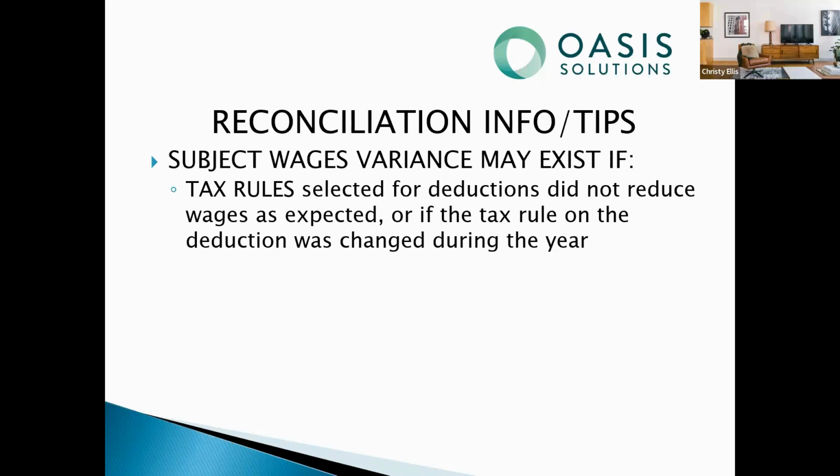You could have had a rule that did not reduce taxable wages and then changed the rule mid-year to correct that. You would still have that variance from the earlier part of the year when the tax rule was not correct. So the tax rules are very, very important. If you don't have the right tax rules selected, or if there's a change mid-year, that can cause the variance in the calculation that Atrix sees.